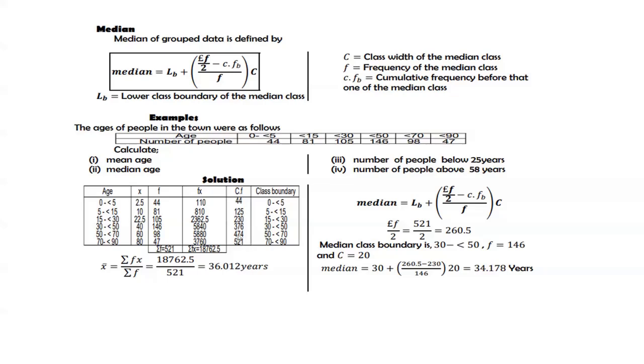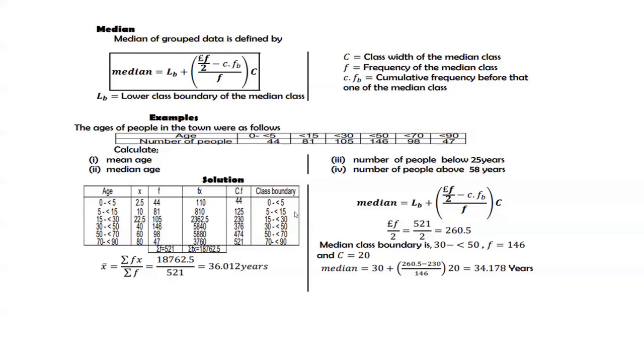If you don't get the last value of cumulative frequency equivalent to the total frequency of your distribution, then it is going to be wrong. You go back and recheck. You recumulate until you get a similar value here that is equal to 521, or the sum of frequency.